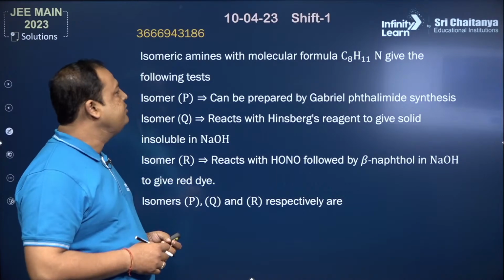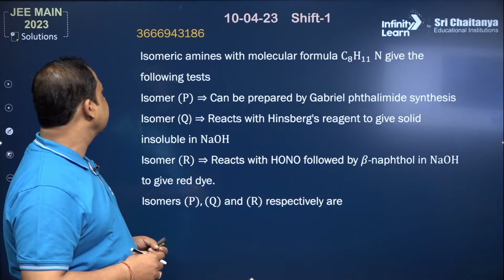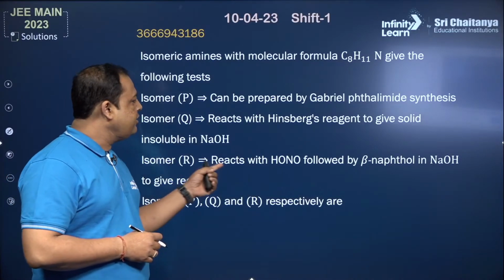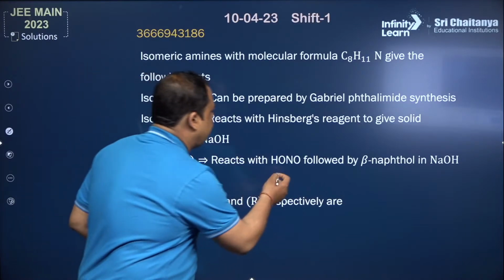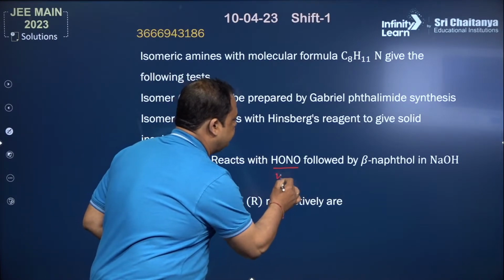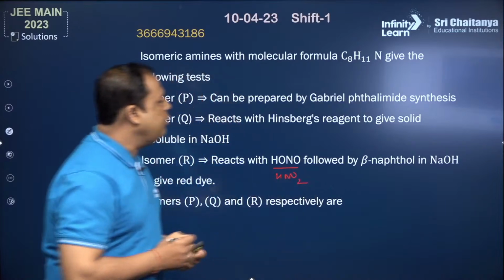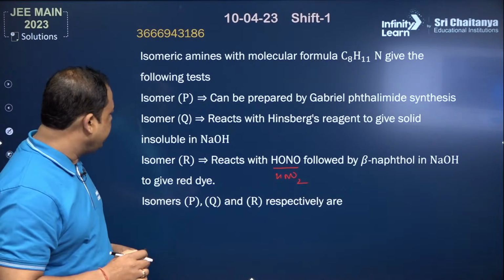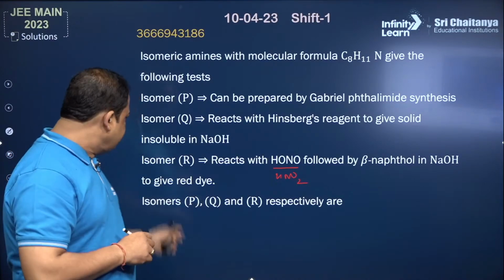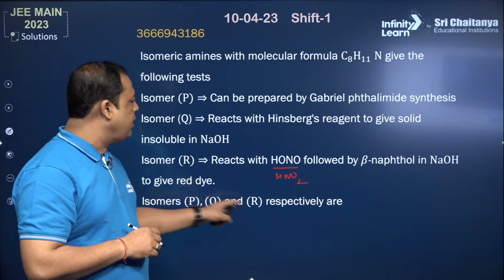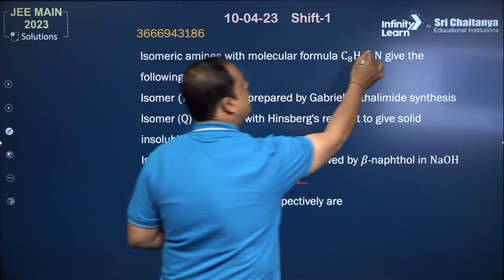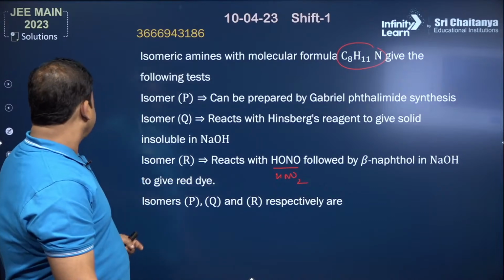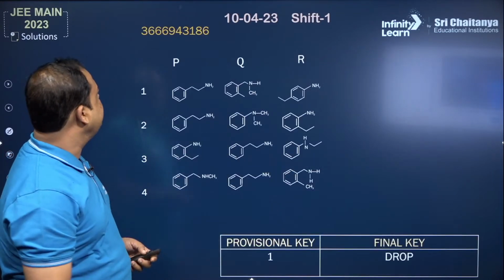Isomer Q reacts with Hinsberg reagent to give a solid insoluble in sodium hydroxide, and isomer R reacts with HNO2 followed by beta naphthol in sodium hydroxide to give a red dye. Okay. So we have to find what these isomers P, Q, R are, and these are all isomers of C8H11N. So see the options here.